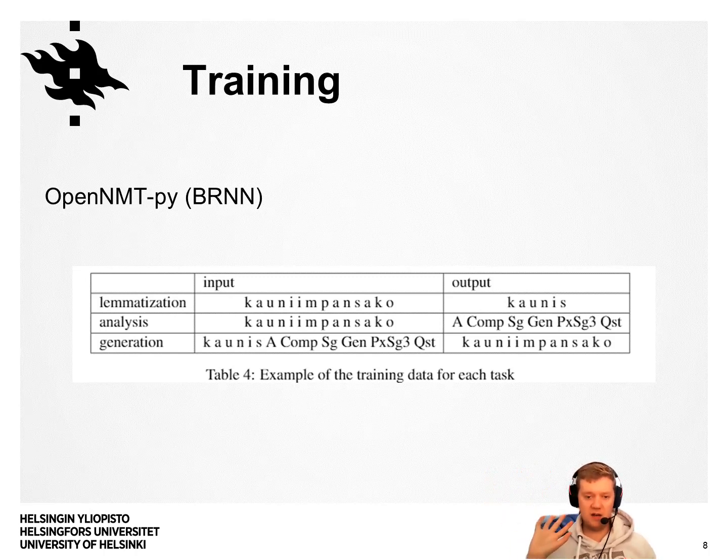For analysis, again, character level kauniinpansakko, and the output is not character level, but morphological tag level. And then for generation, the input is the character level lemma plus morphological tag level tags, and then the output would be kauniimpansakko, which is the inflected form of the word.